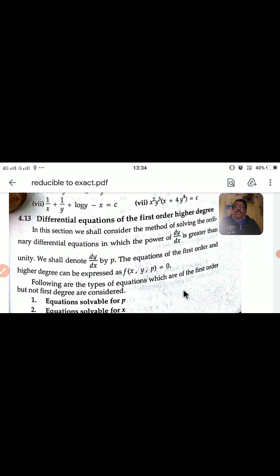Now in this there are four types of equations. The first one is equations solvable for p. Second, equations solvable for x.